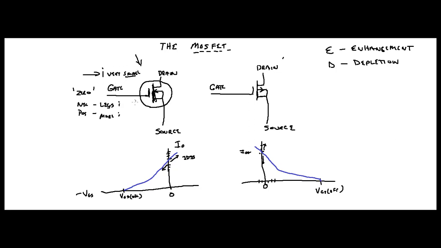Your gate is very small, and you can turn on or turn off your MOSFET quite easily to allow your current to flow. And that would obviously be an eMOSFET. Or if you have a 0 voltage, you can give it a little more voltage to get more current, or a little less voltage to give less current for an N-channel device.